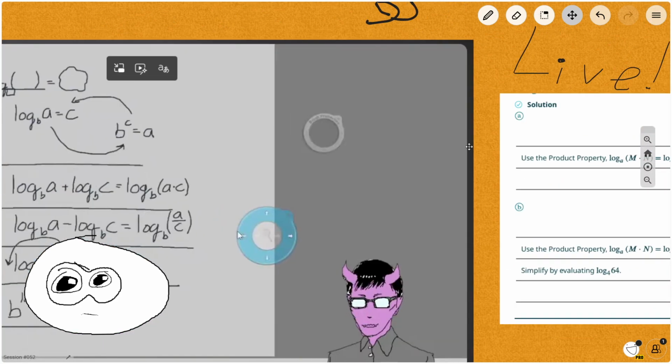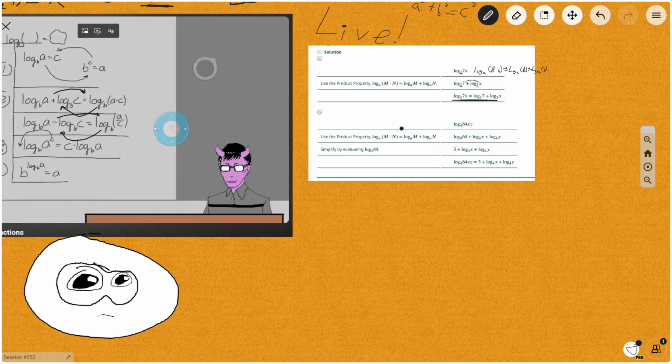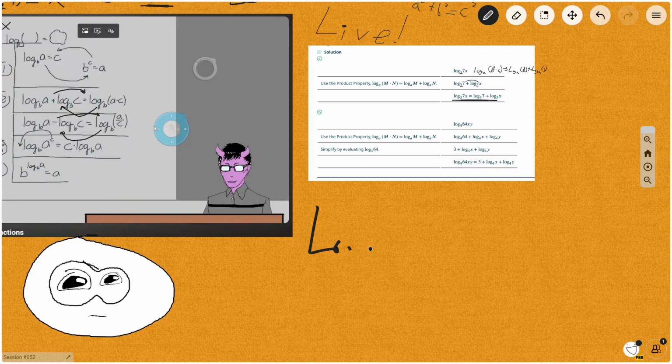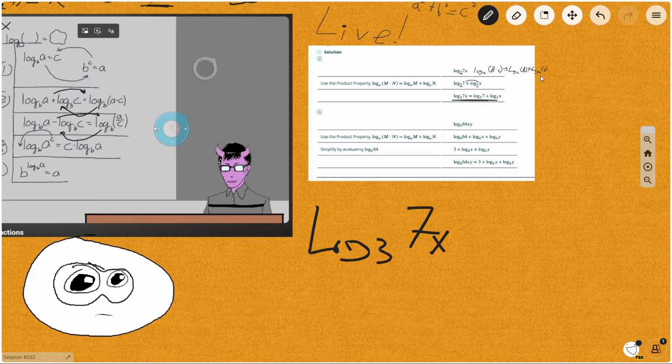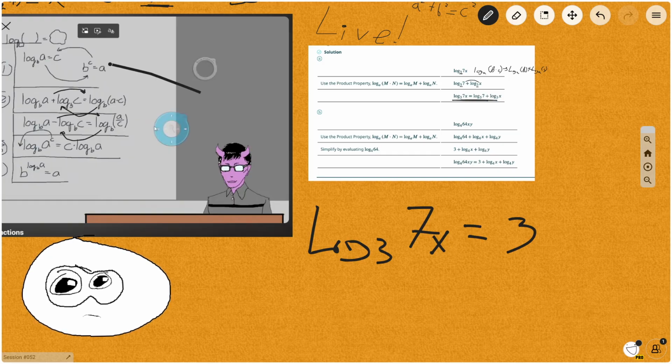Alright, let's do it like this. So they gave something weird, which is log 3 of 7x, and they just stretched it out. But we could actually change it a little bit by making it equal 3, because we're using this rule right up here.